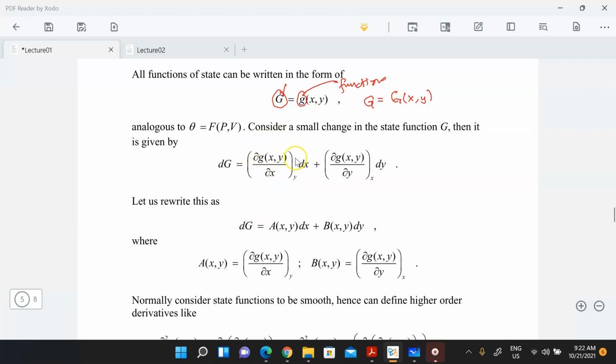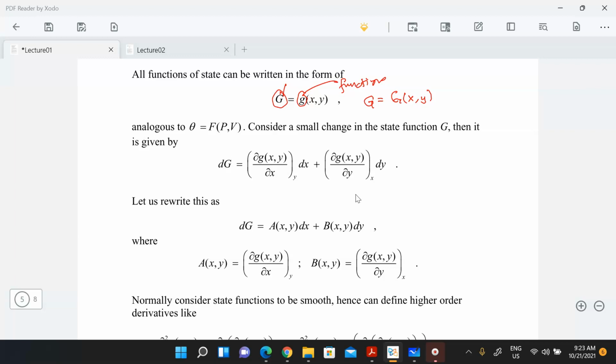This is normal in thermodynamics. This thing with a bracket with a small y here means y is kept constant, and this bracket with a small x here means x is kept constant. But essentially, in this particular case, you know that this is what happens when you do partial derivative. So that's why I call it an archaic kind of notation, but sometimes knowing what is kept constant is actually helpful.